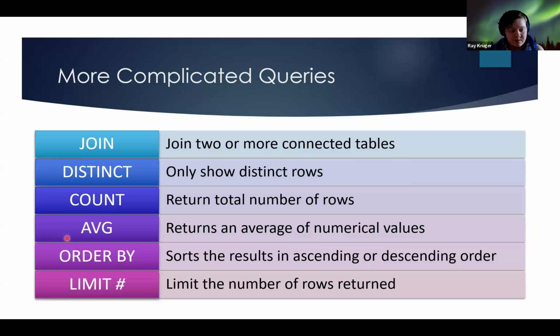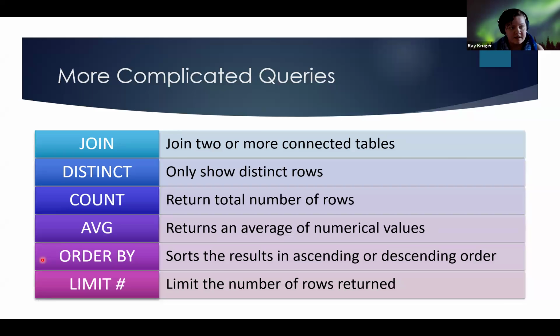An average only works for numerical values. I haven't used this one as much in the lab, but it can be useful every once in a while, just to average out the total of whatever records you're looking for. Order by will go at the end after the where; you can determine if it's ascending or descending.